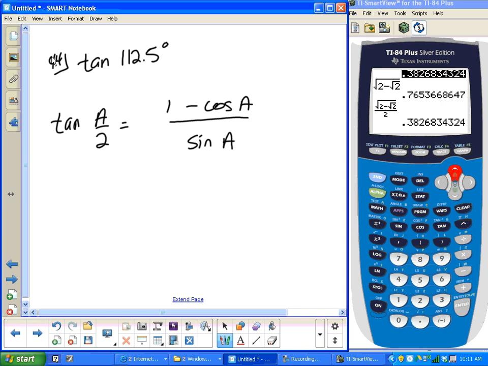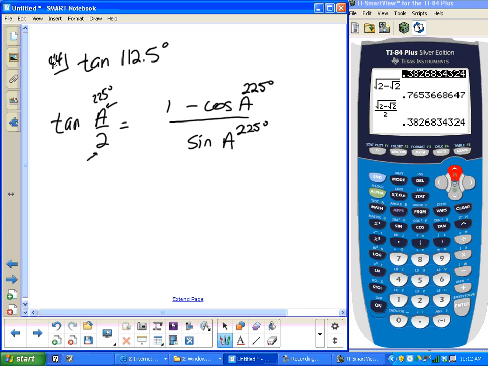Now, let's figure out what that angle a is. What can I divide by 2 and get 112.5? 225. Okay, so that's our angle A, and we're going to plug it in over here and then evaluate. I just asked, what angle could I divide by 2 off my unit circle and get 112.5?